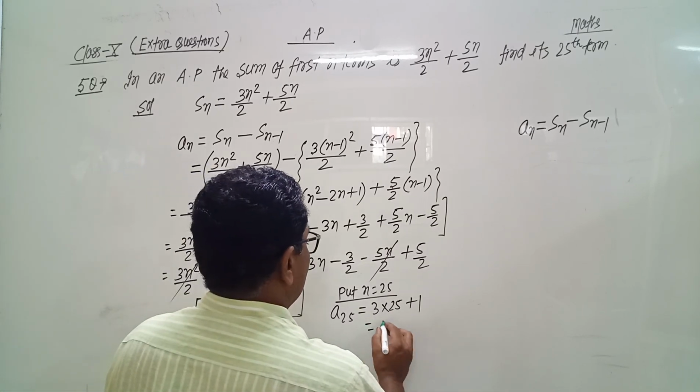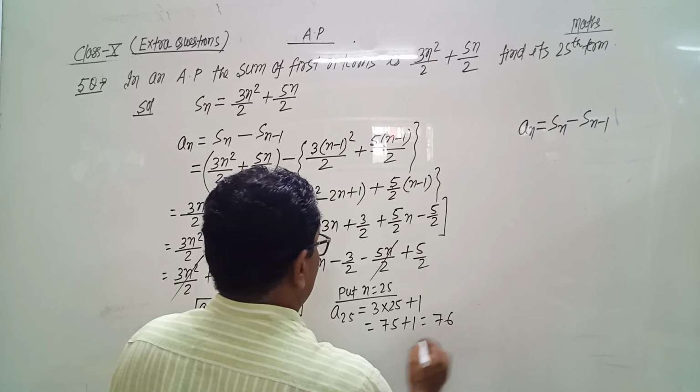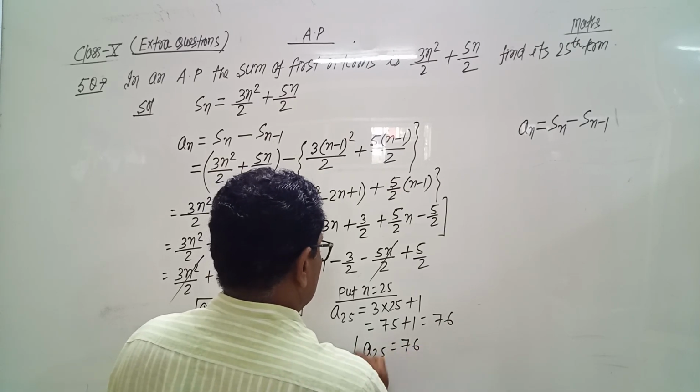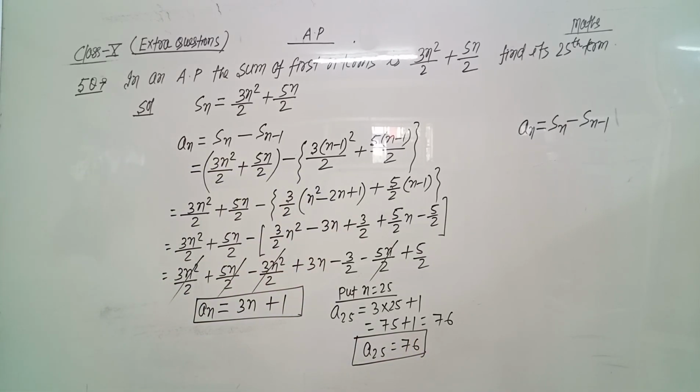So 25 into 3 is 75, plus 1, the result we get is 76. So the 25th term is 76.